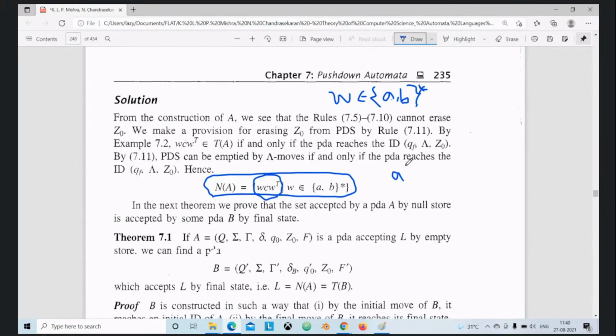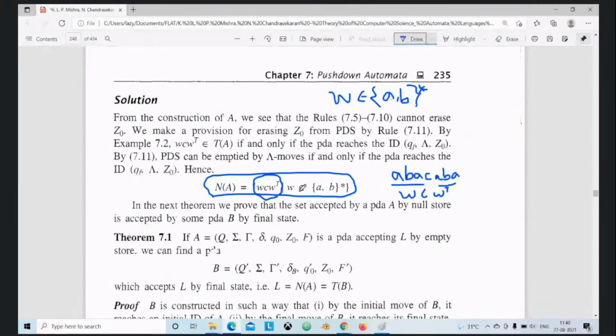So let's take B A as our W. Then we'll get a flag, that is C. C is the flag indicating that after that we'll reverse it. So we should get A, B, A. So that is your W, C, W transpose.